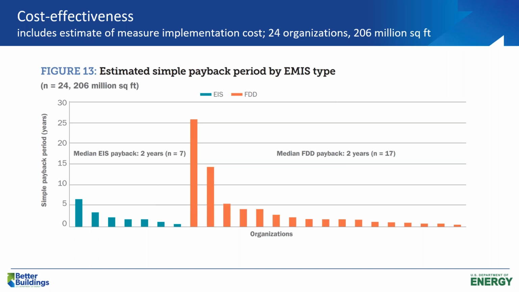And the outliers on the FDD really were cases in which the folks installing them hadn't really gotten them integrated into the organization yet. So the cost had shown up, but the savings hadn't shown up as much. Those were more pilot cases. All right, so costs and savings are looking good, a 2-year payback.